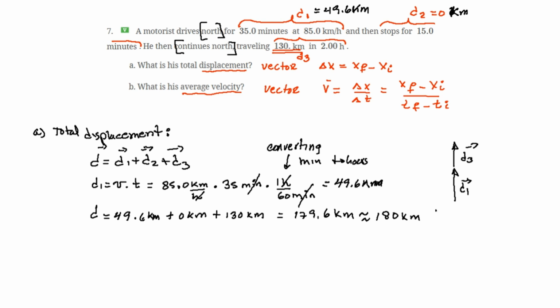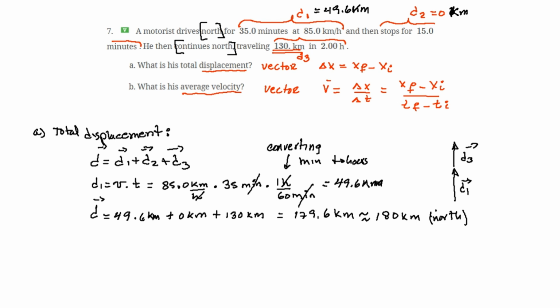So my total displacement D is 180 kilometers north of the origin, at whatever city or town it was, when he's driving north. At the end, after all this time, it would be 180 kilometers north of the origin, right?